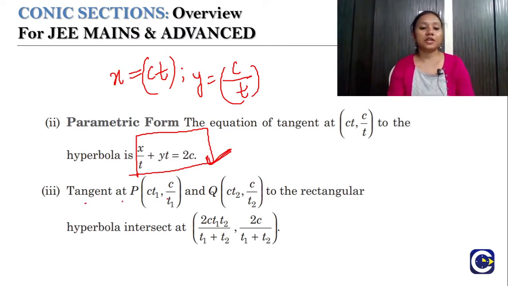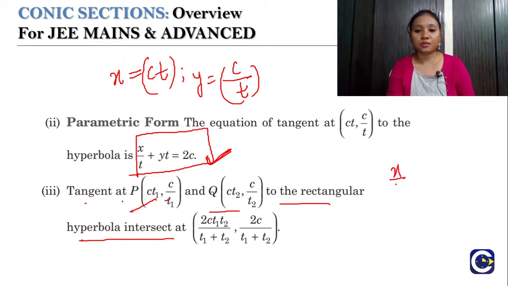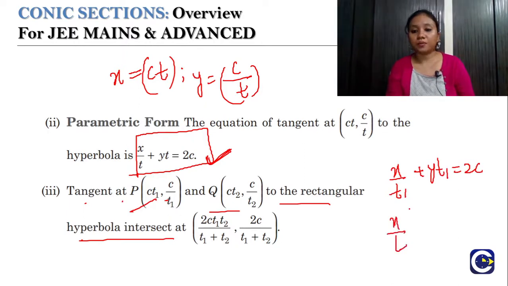Consider the tangents at point P with coordinates ct1, c by t1, and point Q with coordinates ct2, c by t2 to the rectangular hyperbola, and where they intersect. As these are points, you can write the parametric form of the equation: x by t1 plus y t1 is equal to 2c, and x by t2 plus y t2 is equal to 2c.